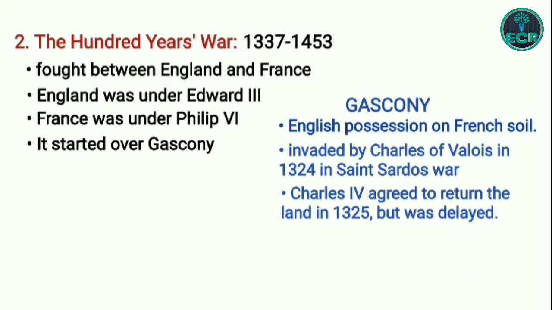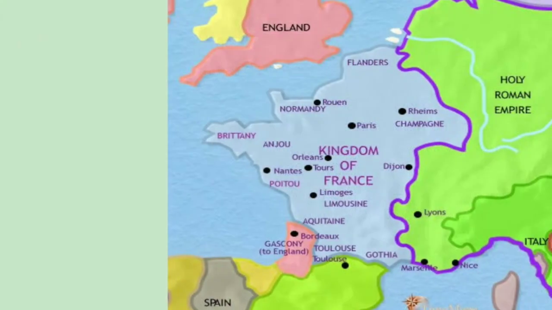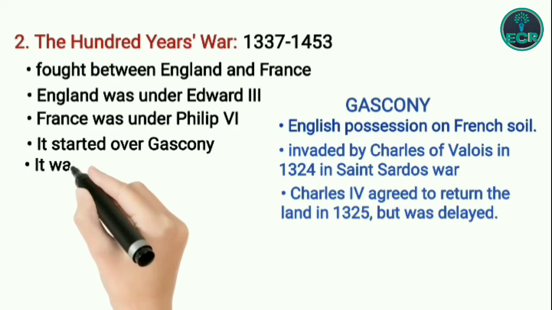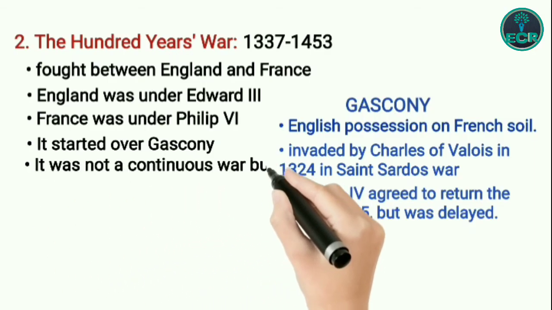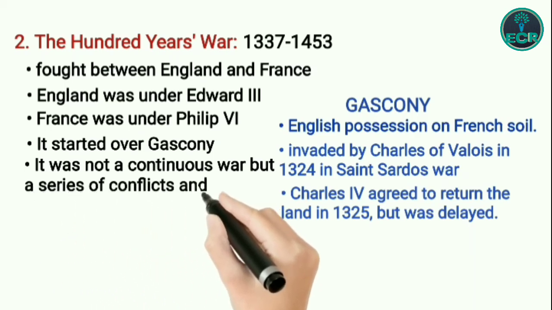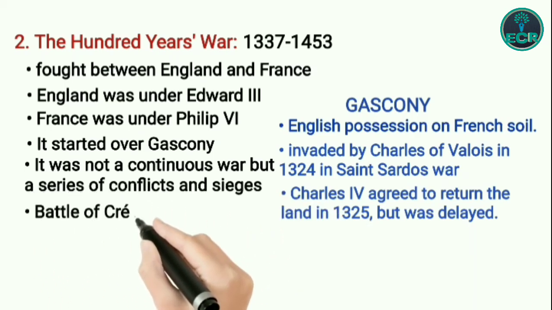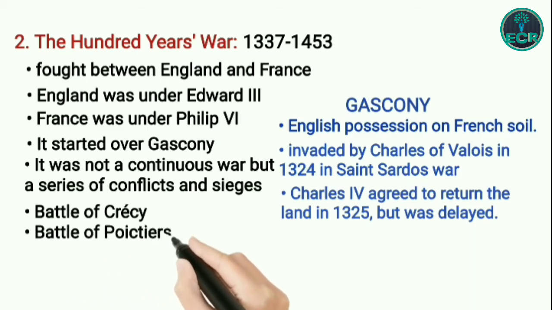You can also understand it with the help of this map. England and Gascony have been shown in the same colors, which shows Gascony as an English possession on French soil. But we should also remember here that it was not a continuous war, but a series of conflicts and sieges. The Battle of Crécy and the Battle of Poitiers were part of this prolonged war.